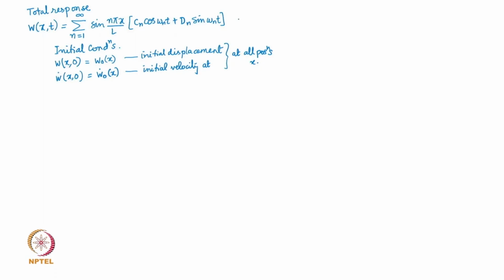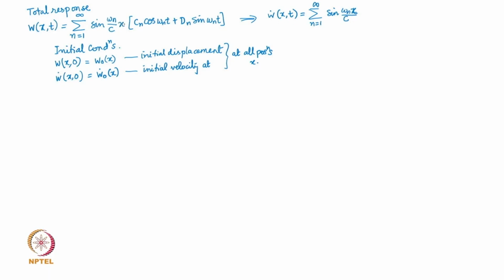Before we do that, let's first get the time derivative of the total response. So we write W dot of x comma t as the differential with respect to time, summation n equal to 1 to infinity, and this being a derivative with respect to time, the function of x remains as it is, sine n pi x over L, or better, I use omega n.